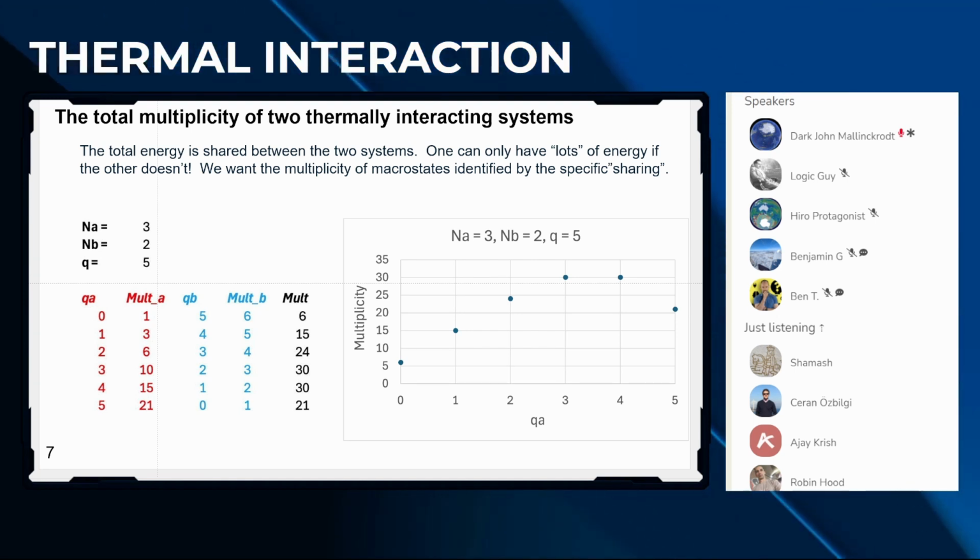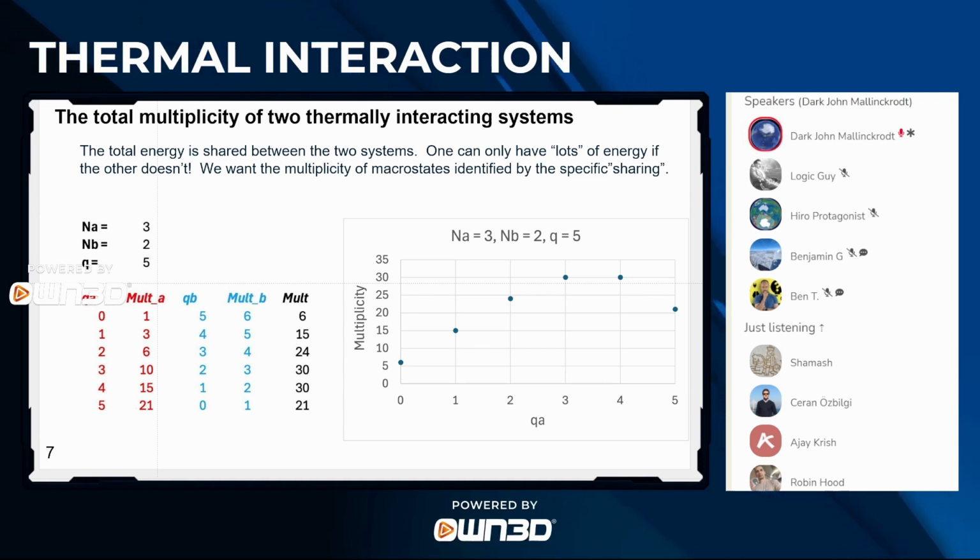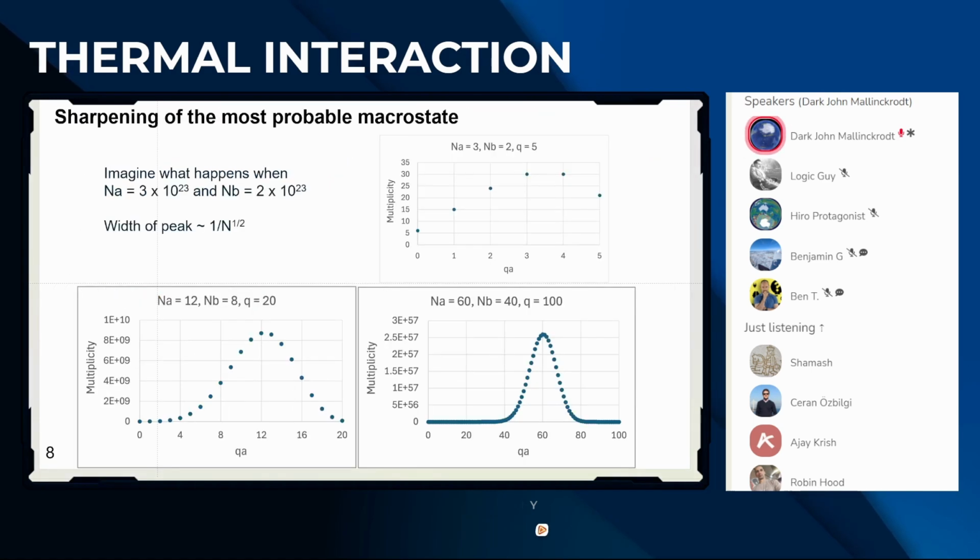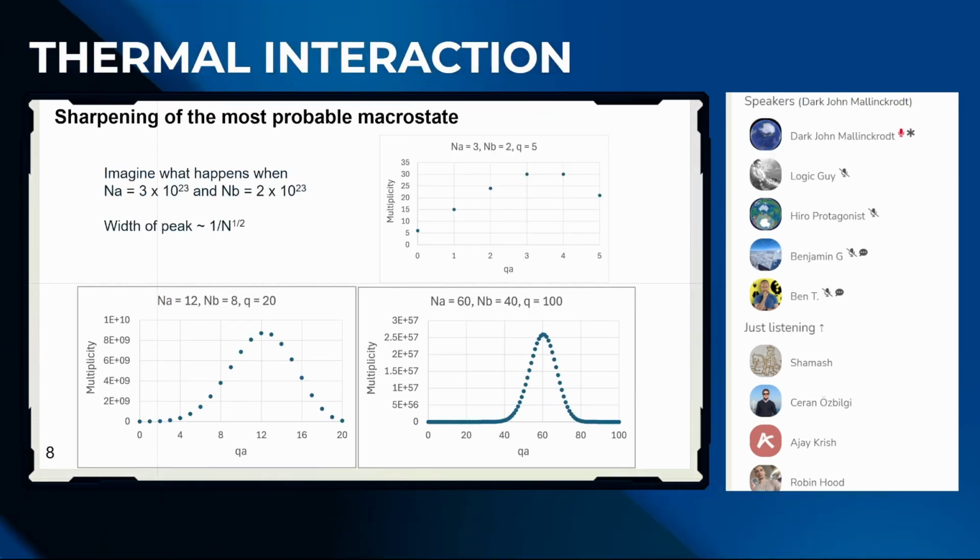Okay. And the next slide just extends this. Now, all I'm doing in the next slide here is I'm scaling up. So at the top there's what we just did on the previous slide.